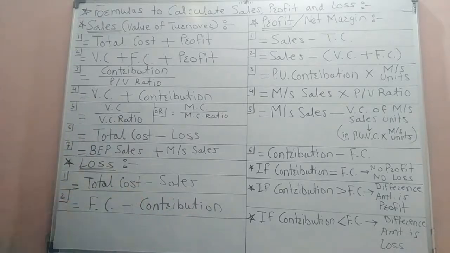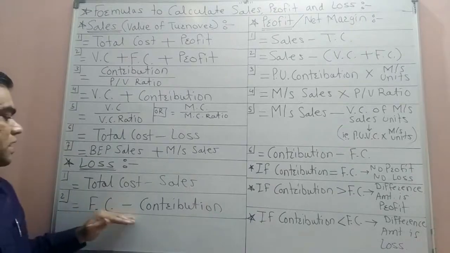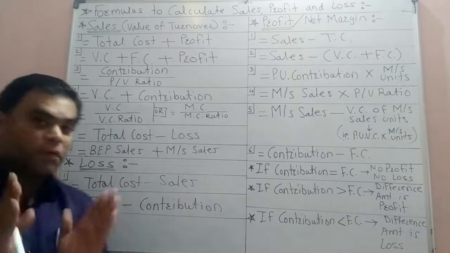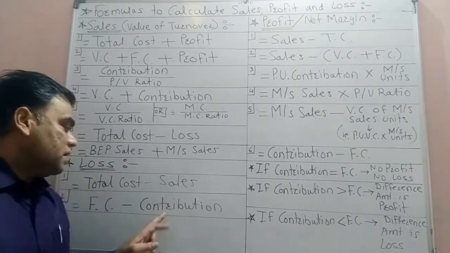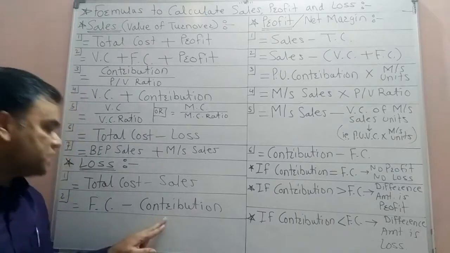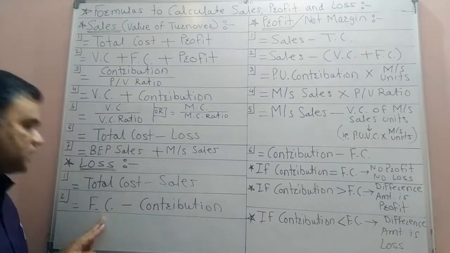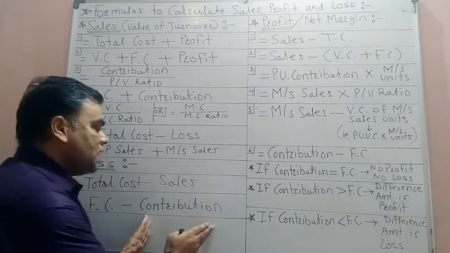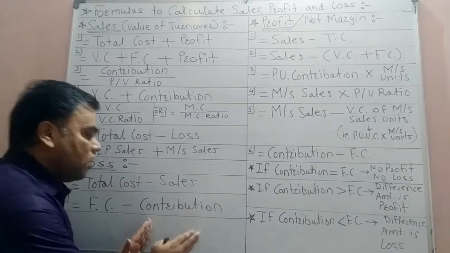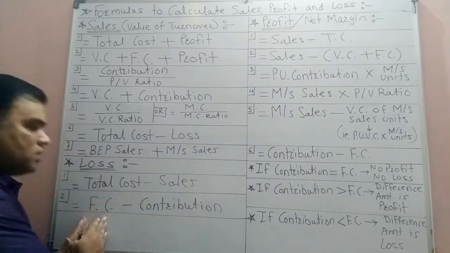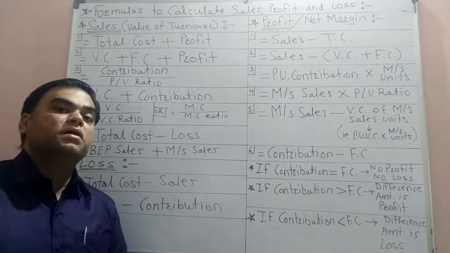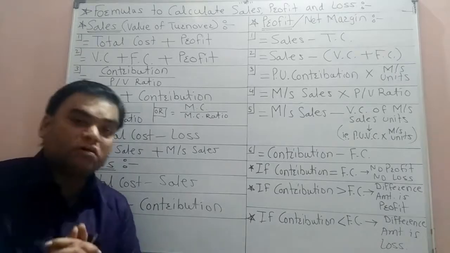The second formula: fixed cost less contribution is equal to loss. Why does this formula work? Because it is the amount of contribution which is utilized to recover fixed cost. But if the contribution amount is not enough to recover fixed cost, then fixed cost will remain to be recovered, means cost is not yet recovered.